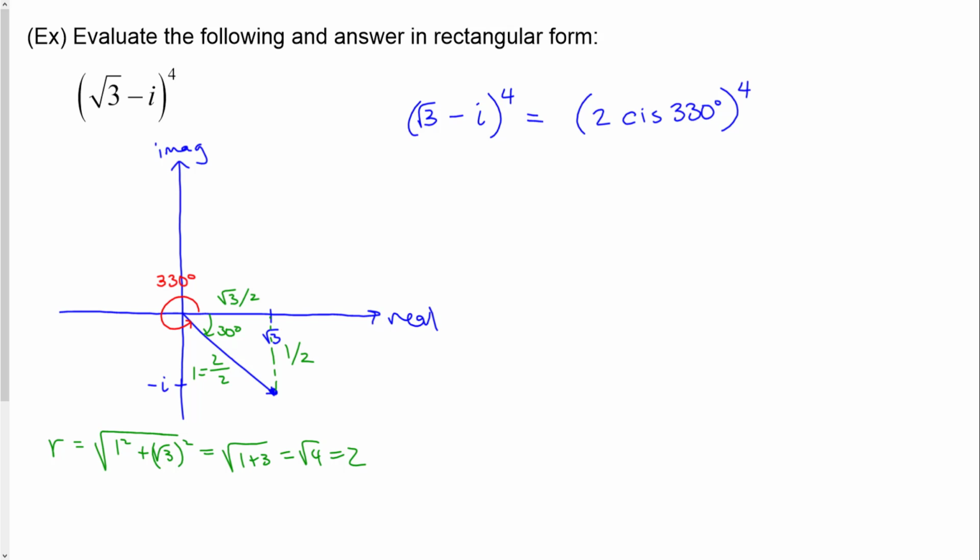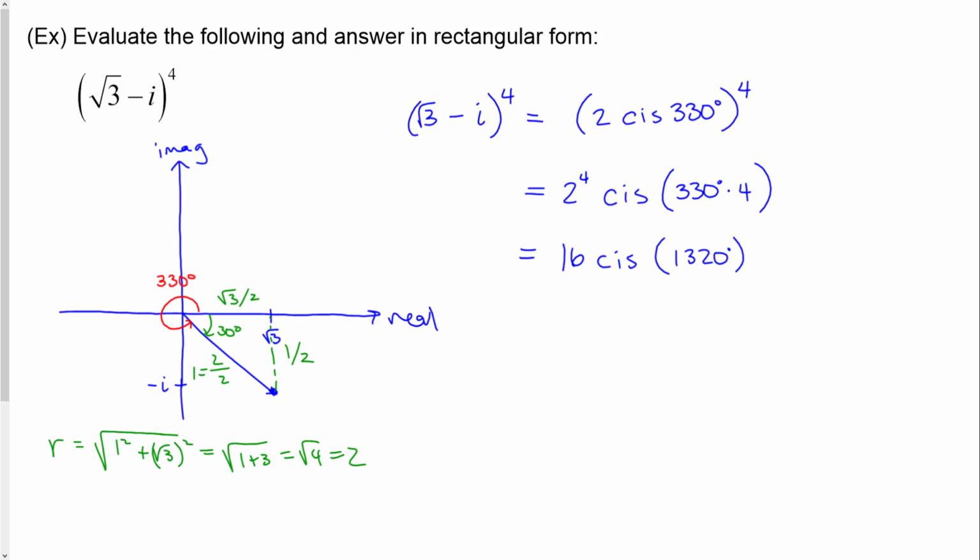Now, the next step, de Moivre's theorem says to take the radius 2, raise it to the 4th power, and take the angle measure 330 degrees, multiply it by 4. So 2 to the 4th is 16. 330 times 4, if you get your calculator out, you'll find it's 1,320 degrees.